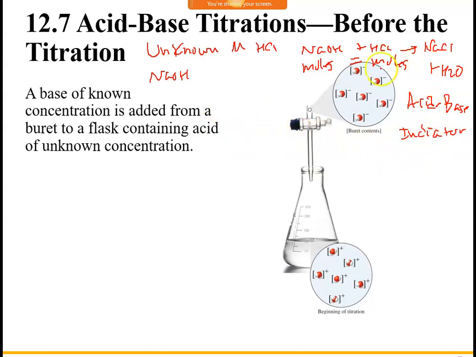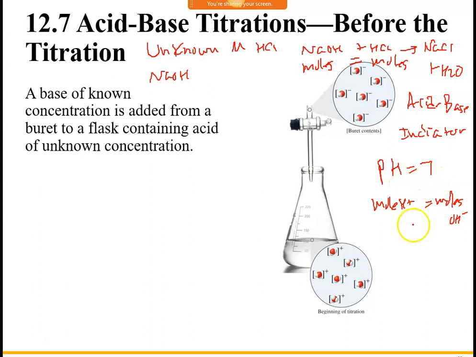Okay, so remember, this is a neutralization reaction. So as soon as I'm at a pH of 7, what does that mean? My moles of acid equals my moles of hydroxide. I have equal amounts of moles. So I need an indicator that tells me when I'm at a pH of 7.